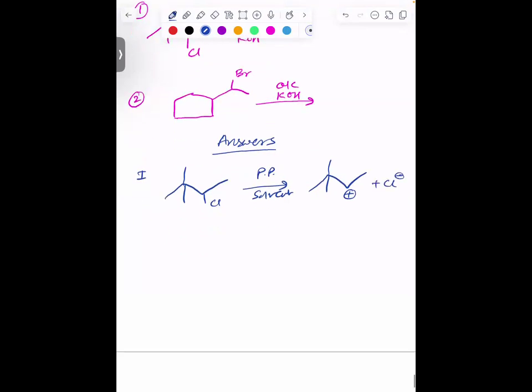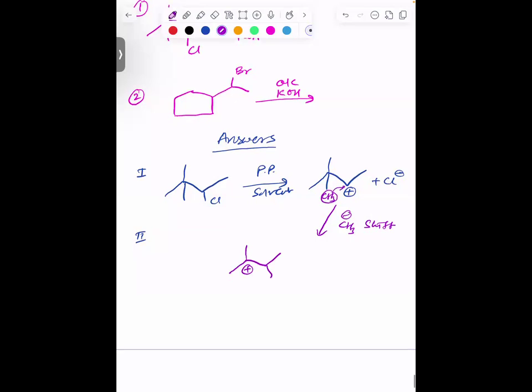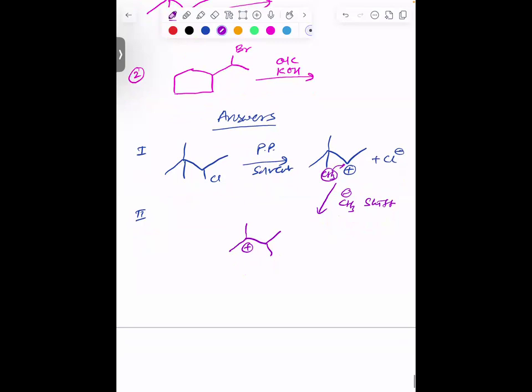Next, rearrangement of the carbocation. How? By methyl shift. This methyl group will be shifted. Now this is the stable carbocation.